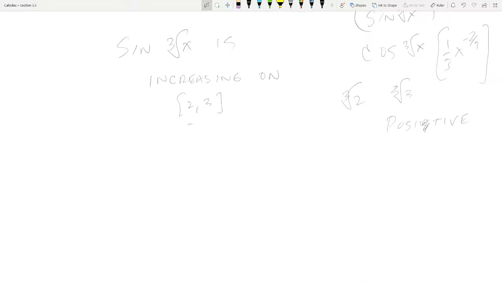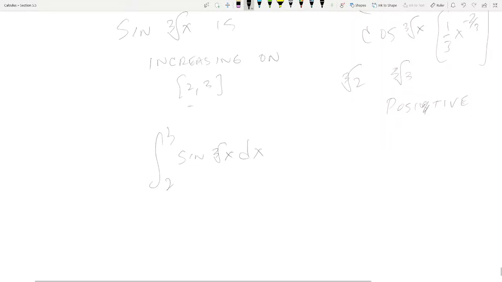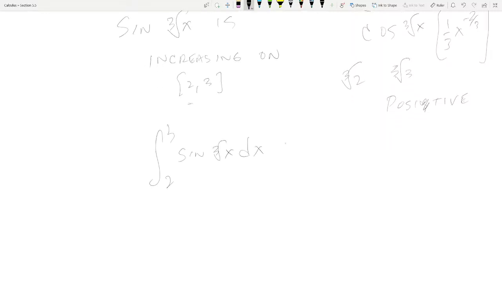So the integral from 2 to 3 of sine cube root of x is less than the max. But what's the max? The max is when you plug in 3 into the cube root of x there.